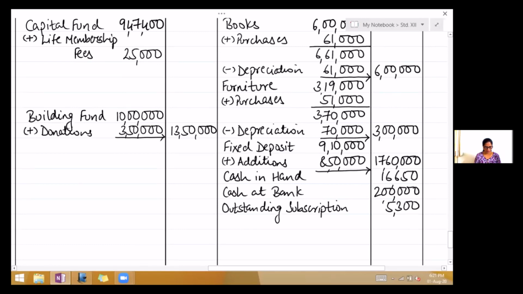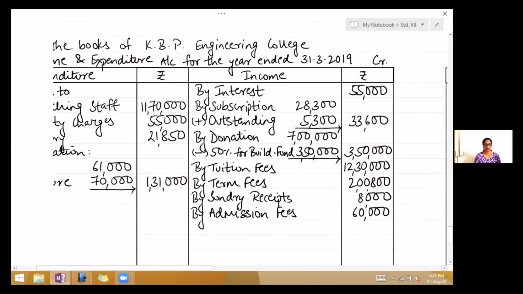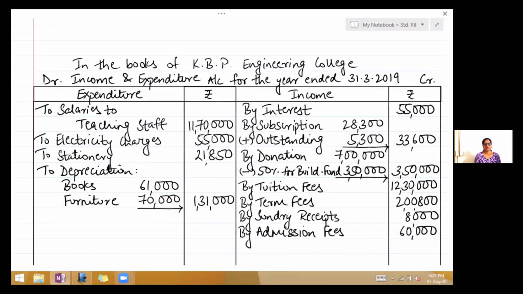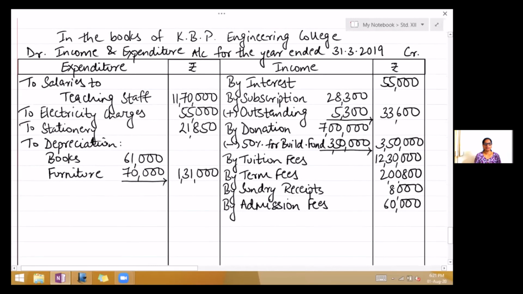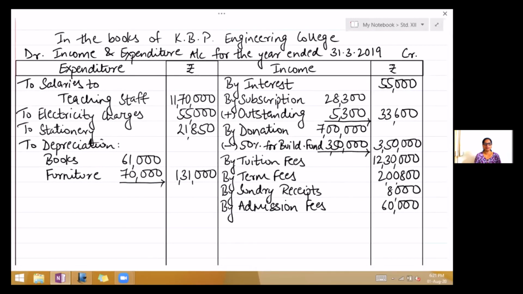Last adjustment, life membership fees to be capitalized, we have already done. So now we will close income and expenditure account. Start totaling, see which side is greater. Find out the totals.